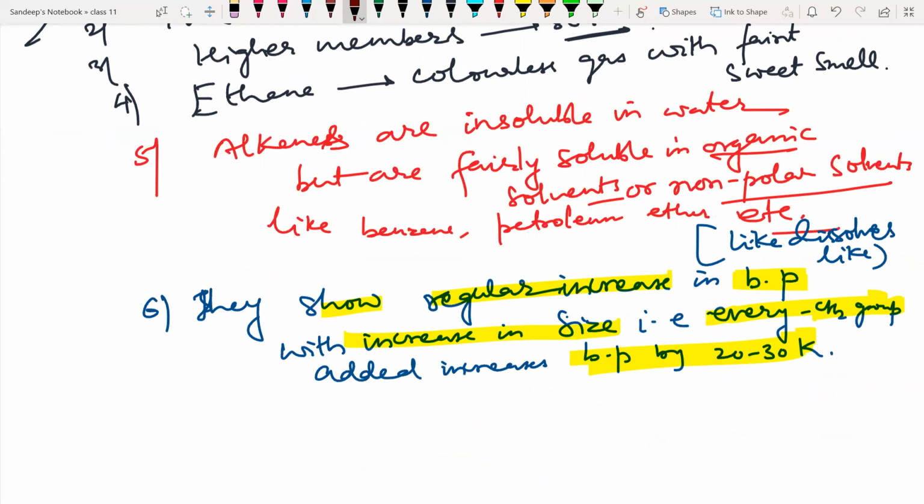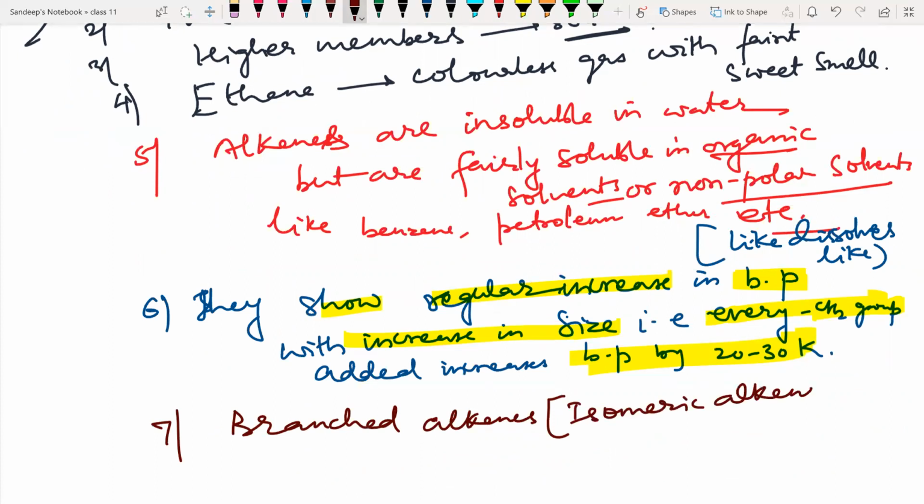Keep in mind that branched alkenes will have a lower boiling point as compared to their straight chain counterparts. So branched alkenes, in the case of isomeric alkenes, have a lower boiling point than unbranched alkenes.